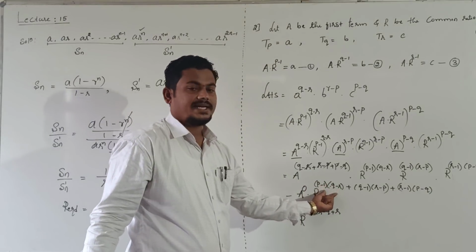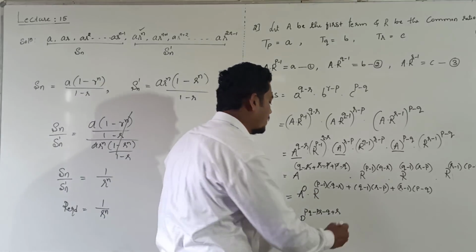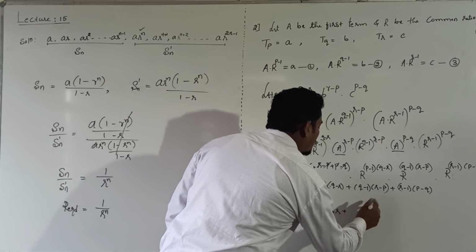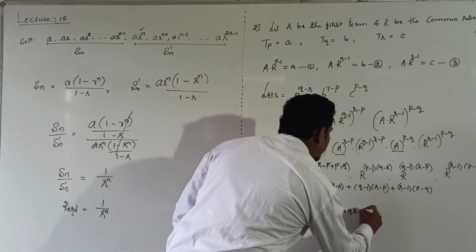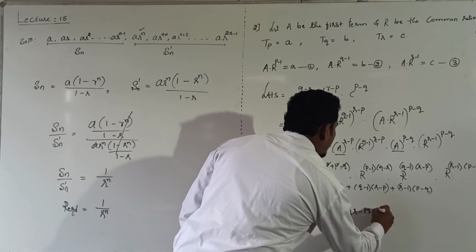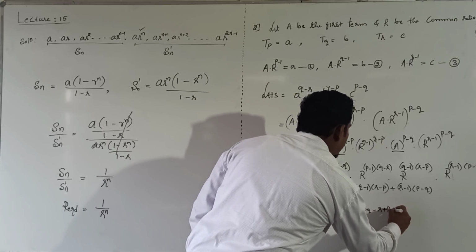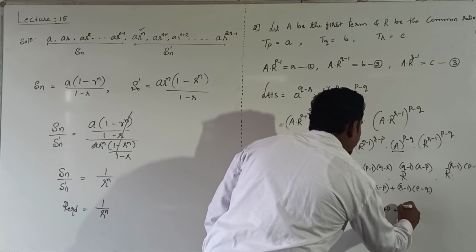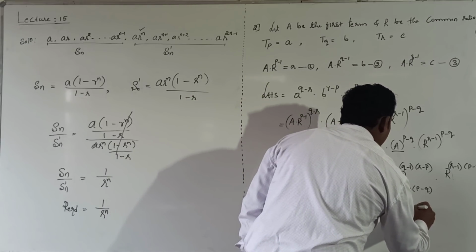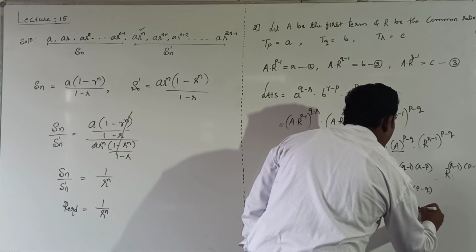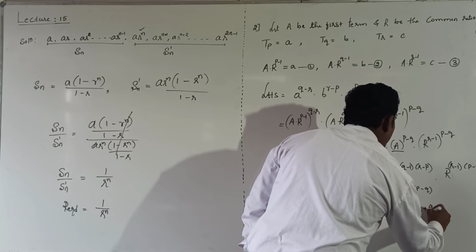Just open this bracket, just usual multiplication, plus again usual multiplication: qr minus pq minus r plus p, plus again usual multiplication: plus pr minus rq plus q.